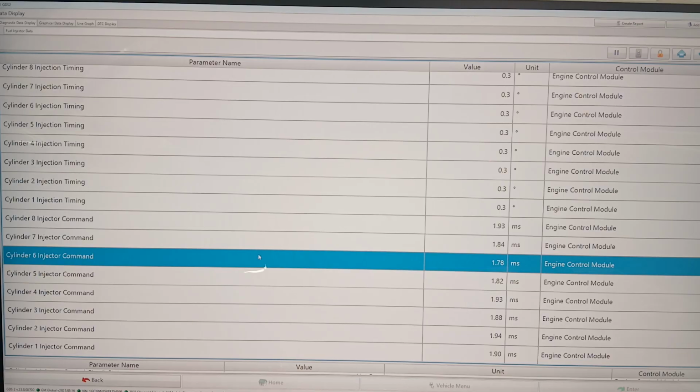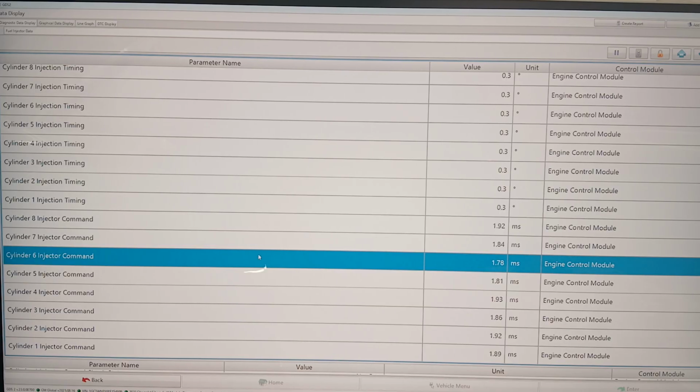So again, if I have an engine that's not performing correctly, or maybe a fuel injector that's not performing correctly, compare the on time of the affected cylinder, or pull up your injector on time of all 8 of your fuel injectors and compare them one to another, because they should be very, very close. You see here on the screen, we're not varying by more than about 0.2 milliseconds from one injector to the next.